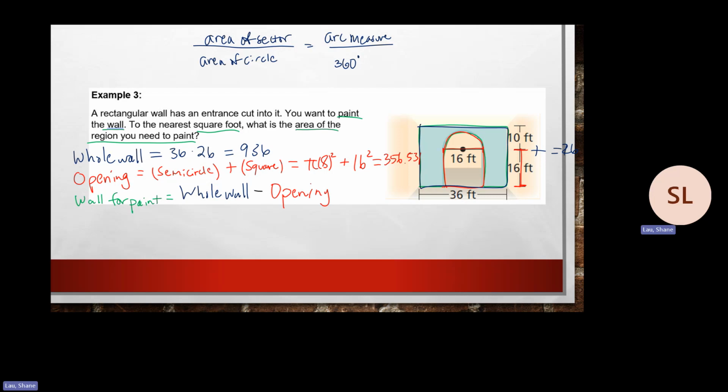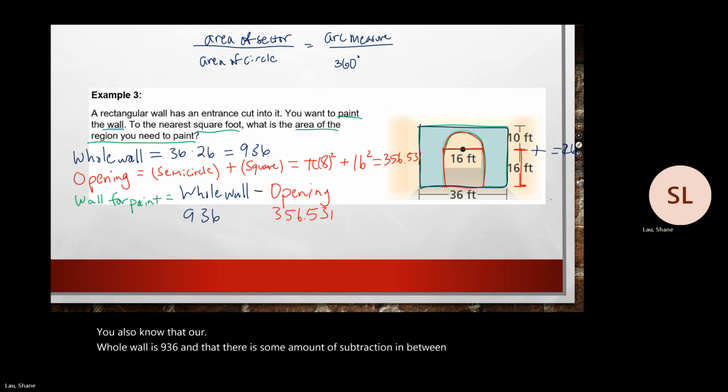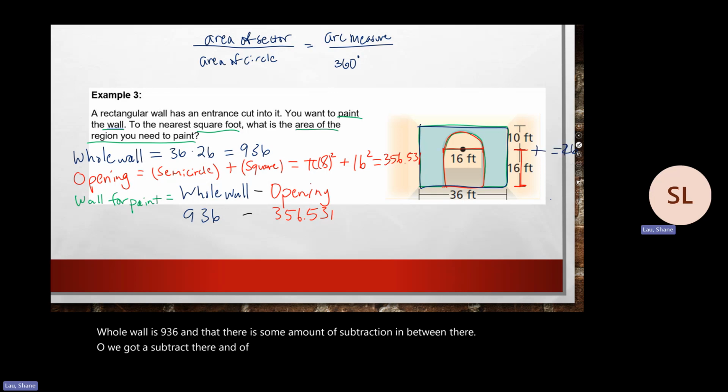We know our opening is 356.531. We also know that our whole wall is 936, so we have to subtract there. And of course, this is what we're looking for, our wall to paint. We're going to abbreviate it as WFP. And we just subtract it out. That's all we have to do.